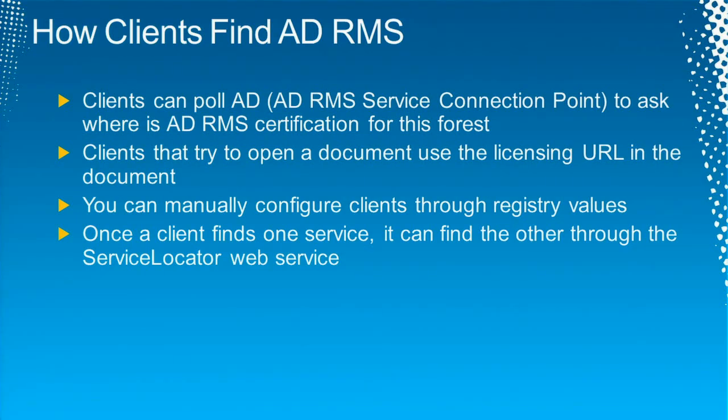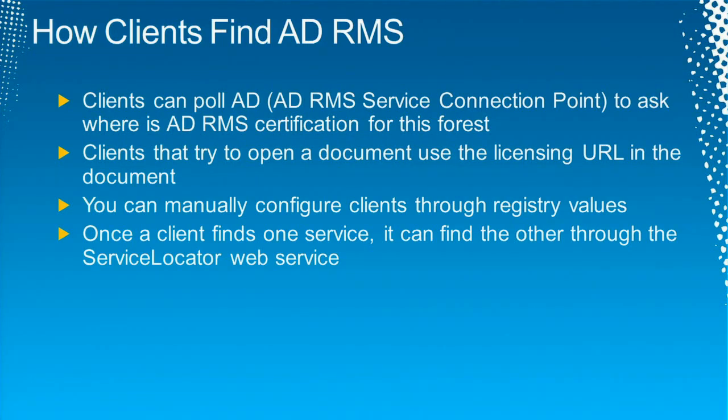Essentially, I might be outside of the organization or not connected to the AD, but if I give someone a document, the publishing license is going to contain the URL of the RMS server itself. The client is just going to use that URL and contact the RMS server. If the user has the right credentials, it's going to allow them to get an end-use license.